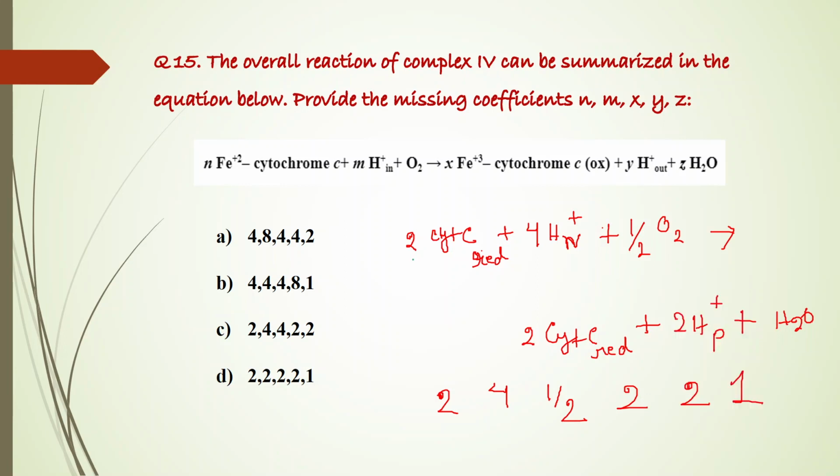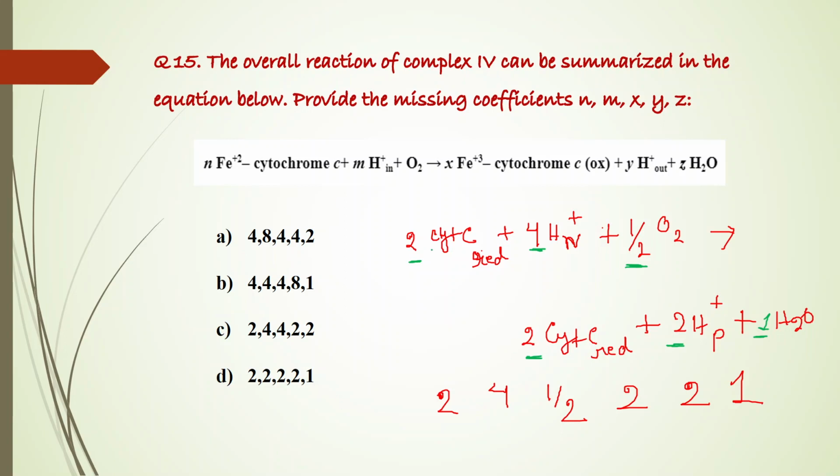Here you can see we have 2 cytochrome C, 4 H+ N, half O2, 2 cytochrome C, 2 H+ at the P site and 1 H2O molecule. But none of the options matches this one. You can see out of these 4 options none of them matches.